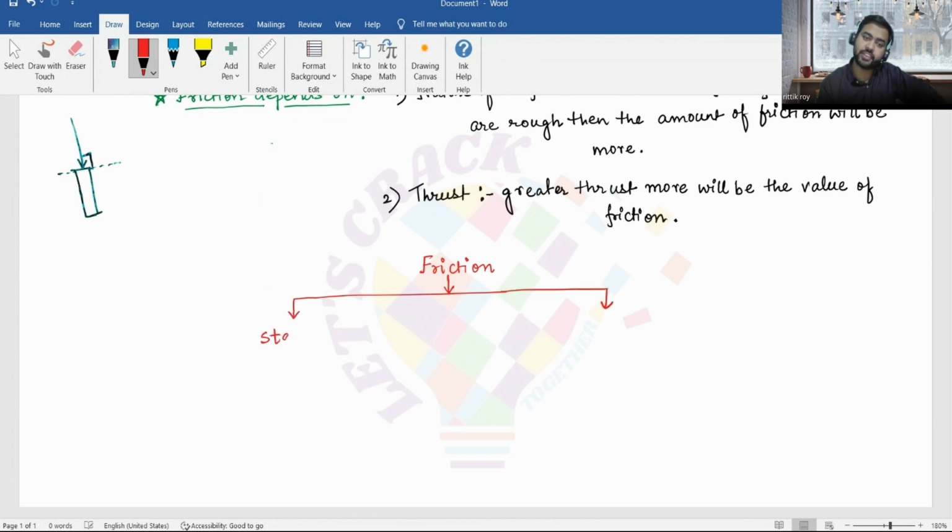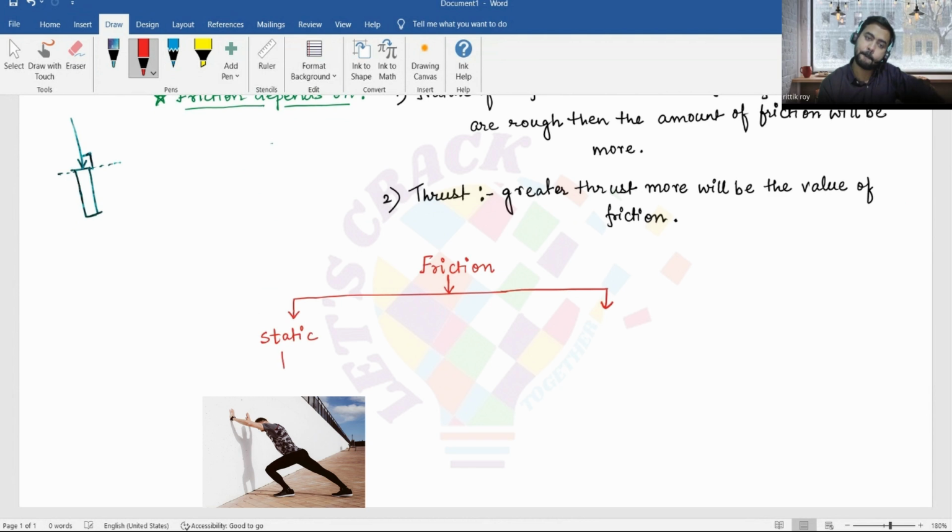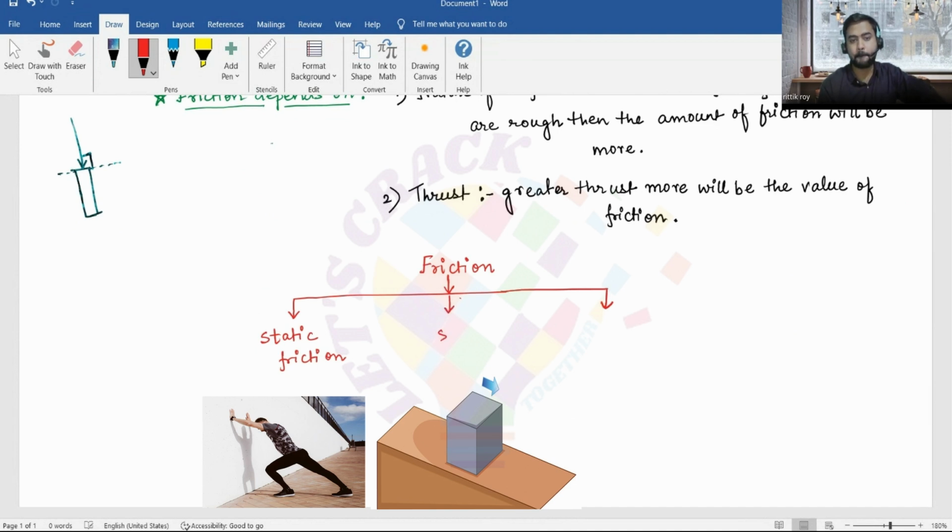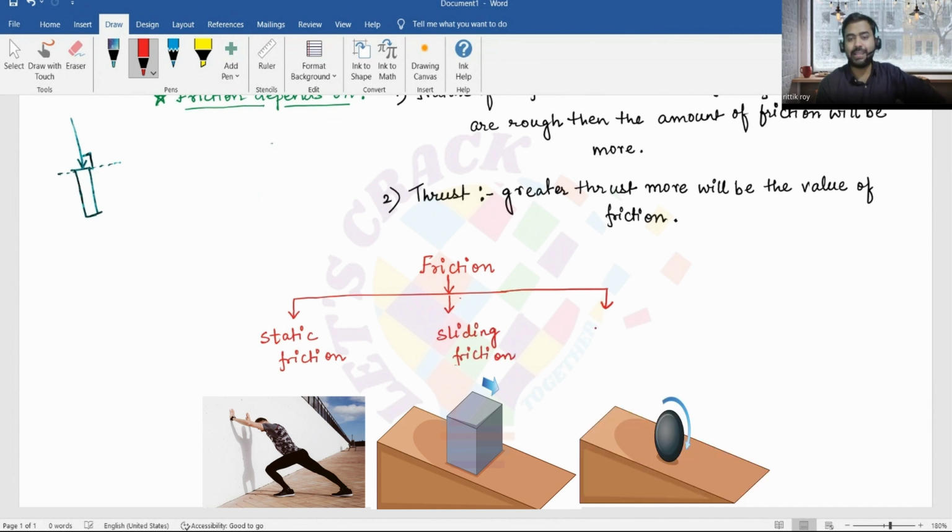One is static friction, one is sliding friction, and one is rolling friction. Now the question that comes up is, what do you mean by static friction, sliding friction, and rolling friction?